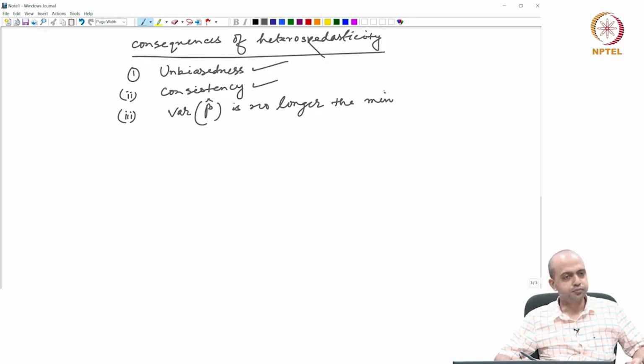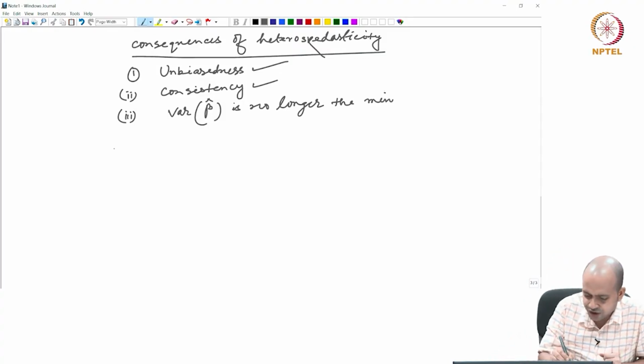Now the question is, how will you detect heteroscedasticity, right? How will you detect heteroscedasticity? So, there are different ways by which actually you can detect heteroscedasticity.